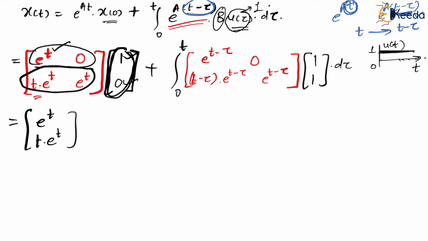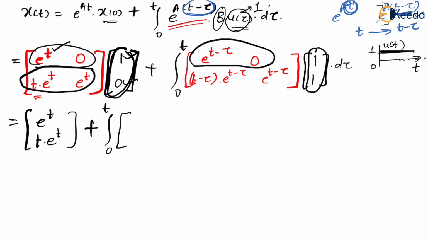Right, now plus what do you have? You have this integration 0 to t. The same expression you have inside, let me write. So again, first row, first column, row by column, matrix multiplication. So e to the power t minus tau will get multiplied by 1, plus you get this one as 0, so there is no point in writing that.